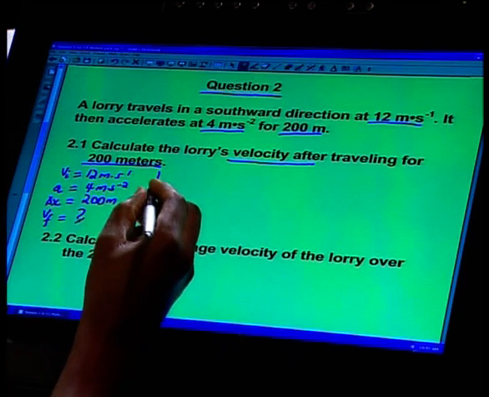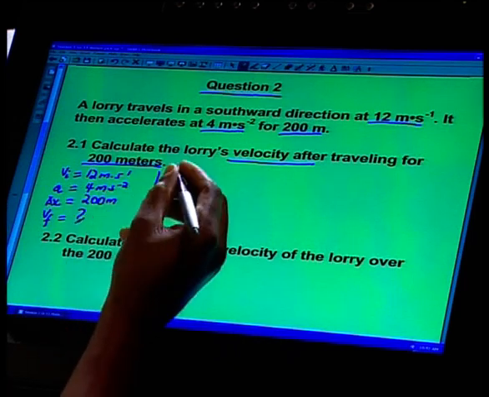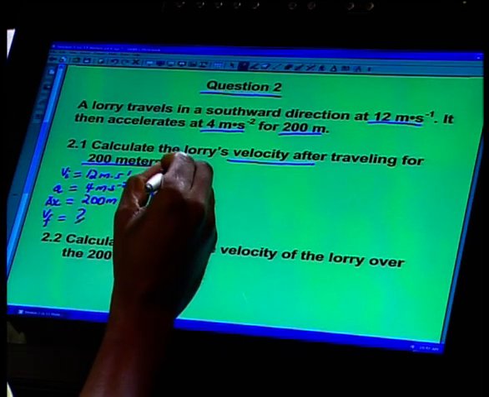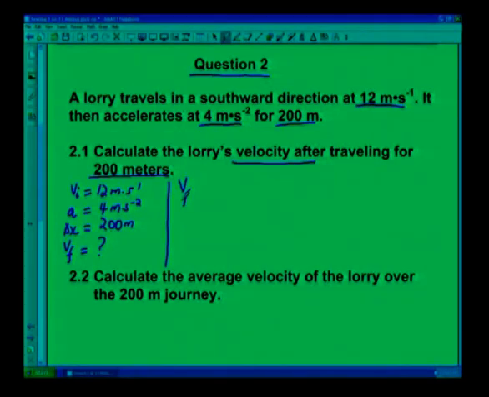We need to choose the appropriate equation. The one that we need to use here, because we have these quantities, and we even have displacement, is: V final squared equals V initial squared plus 2A delta x.